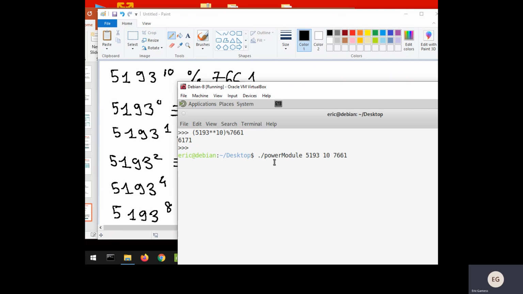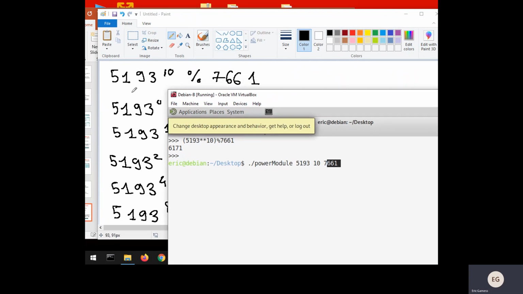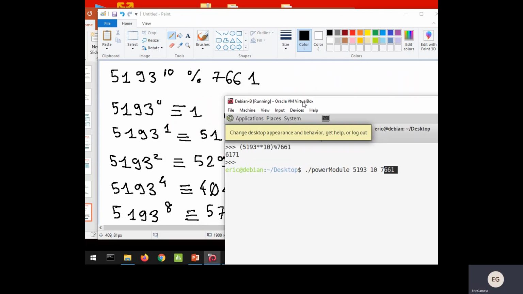And when I execute that, it has to do this number to the power of this number modulus this number. Okay, this is what we did. We did 7193 to the power of 10 modulus a third number.